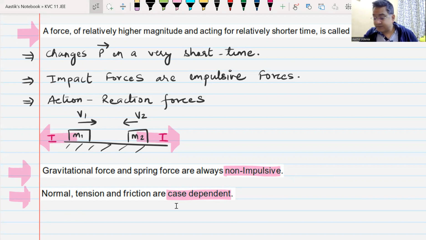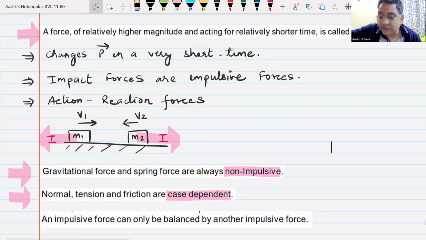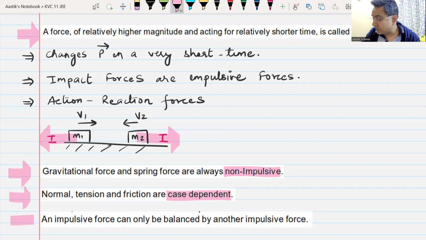The last point, the most important one: an impulsive force can only be cancelled by another impulsive force. If you have to balance any impulsive force, it can only be balanced by another force which is impulsive in nature.